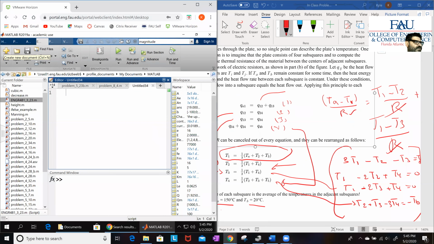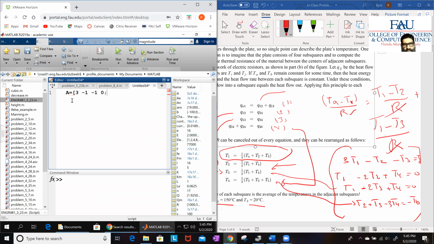With that, we'll do the A in here. Cool. So we have 3, minus 1, minus 1, 0. That's the first row. There's no T4, so you have to put 0 in there. That's the first equation. The second equation is 1, minus 2, 0, and 1.